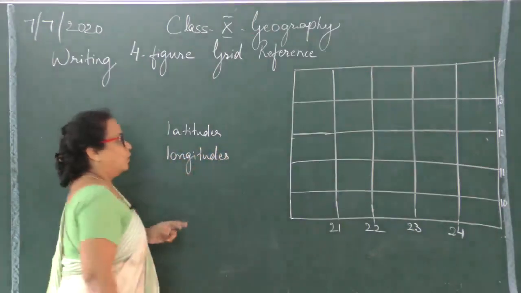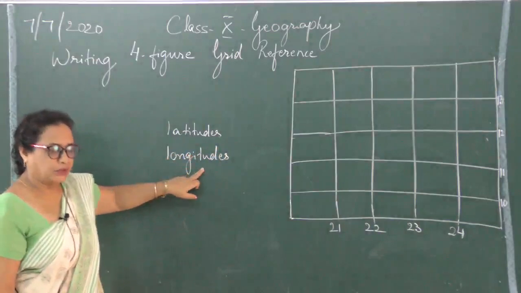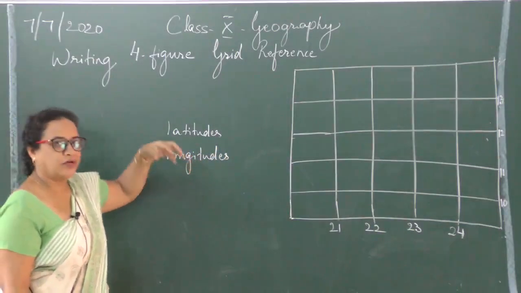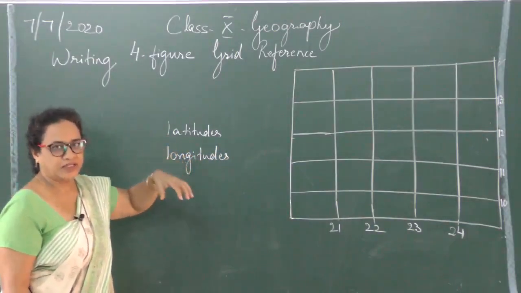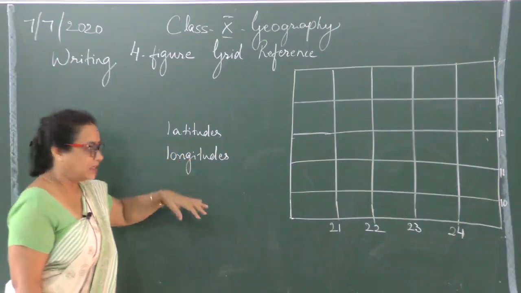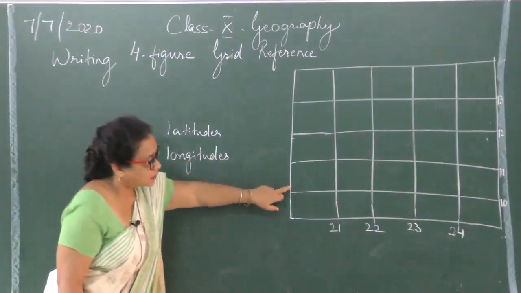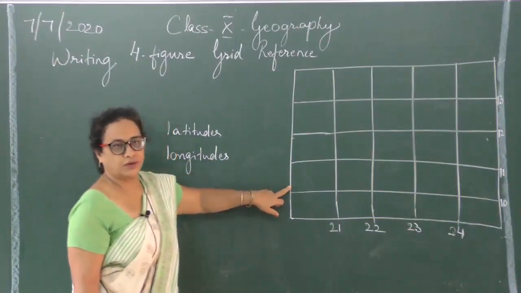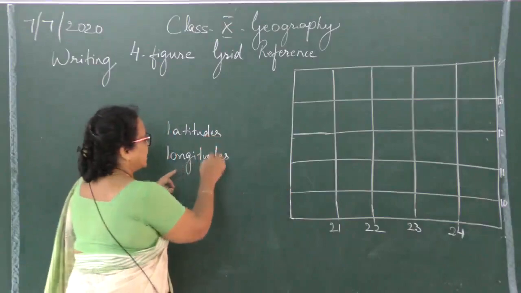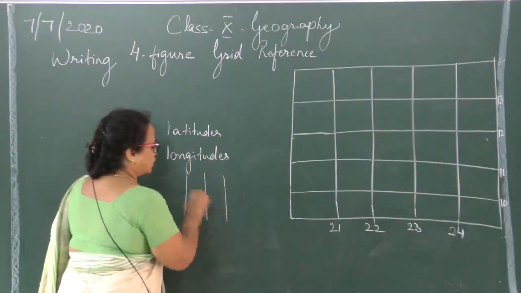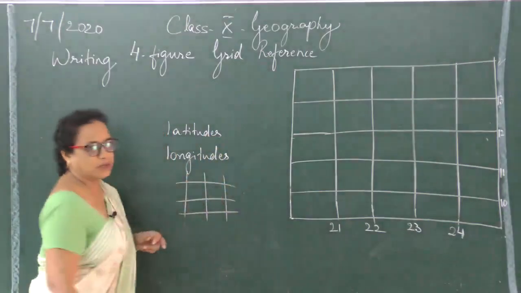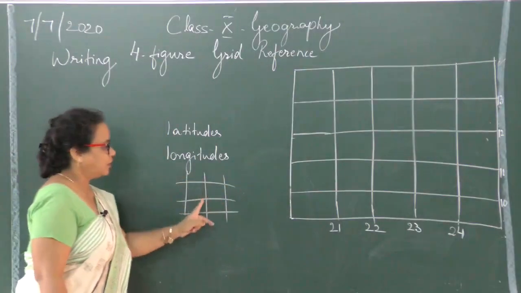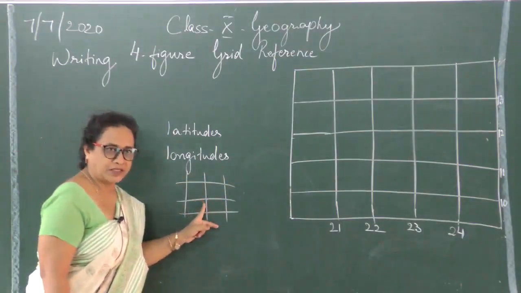Clear? Why do we use these lines? For the purpose of accurate location of places on the map. Clear? In the survey map sheets, the same pattern is followed. Clear? These latitudes and longitudes crisscross like this on the atlas maps. And on this basis we find the location of places.